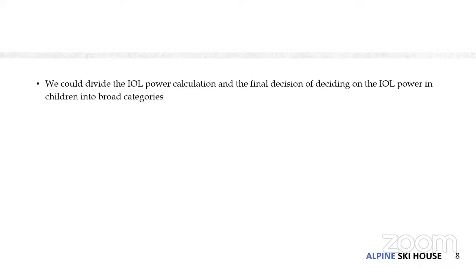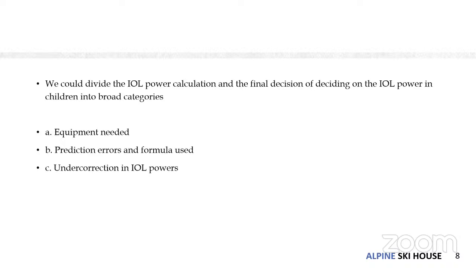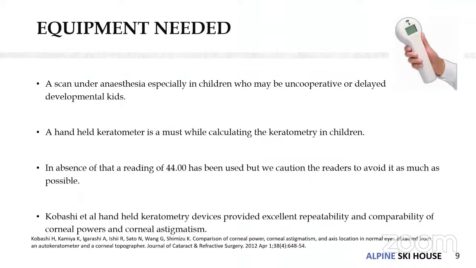We could divide the IOL power calculation and final decision on the power in children broadly into three categories: equipment needed, prediction error, and formula use and under correction in IOL power. Now, equipment needed is an A scan under anesthesia, especially in children who may be uncooperative or have delayed developmental milestones.